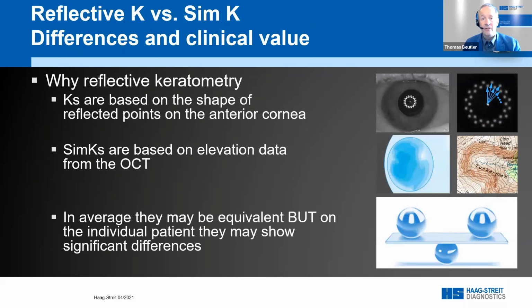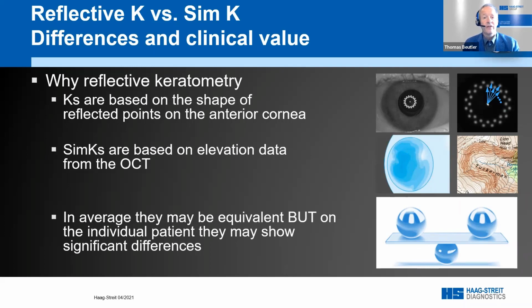So let's do first a little recap. Why is reflective keratometry still such a crucial part in the decision-making process for the IOL? Sure, one can say if you have a high resolution OCT unit like we do with the Eyestar, you get simulated keratometry from the OCT. That's correct.